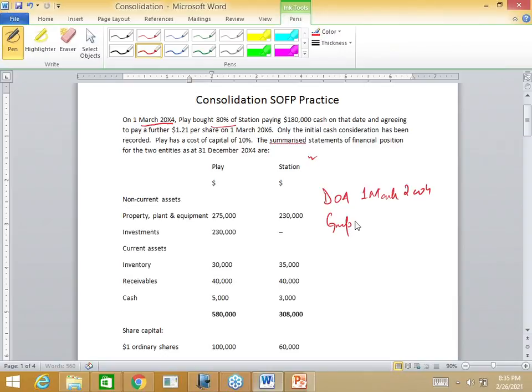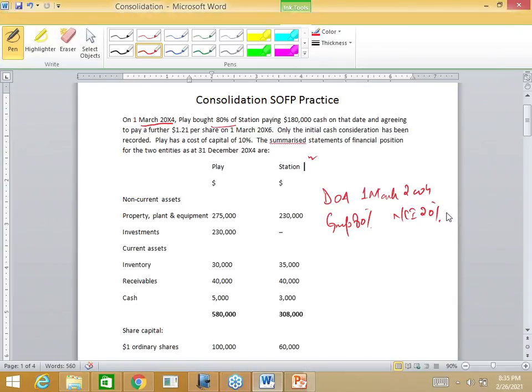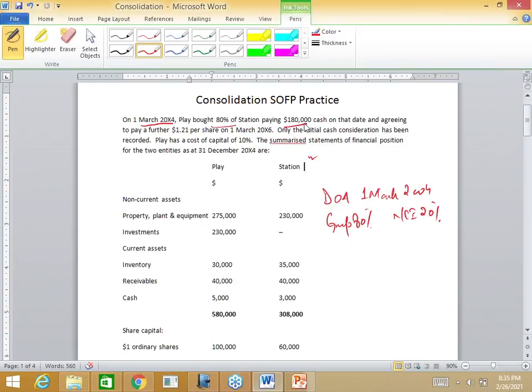So the group has acquired 80% shares, so NCI will get 20% shares. Paying 1,80,000 cash on the date and agreed to pay a further 1.21 per share on 1st March 2006, means after 2 years.